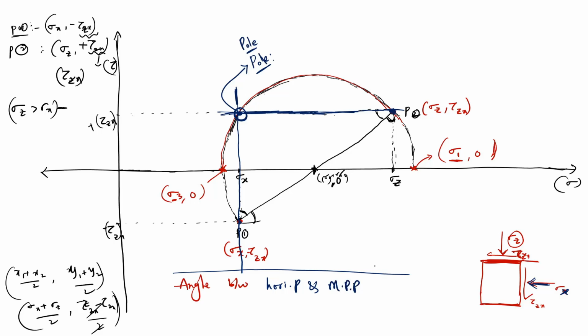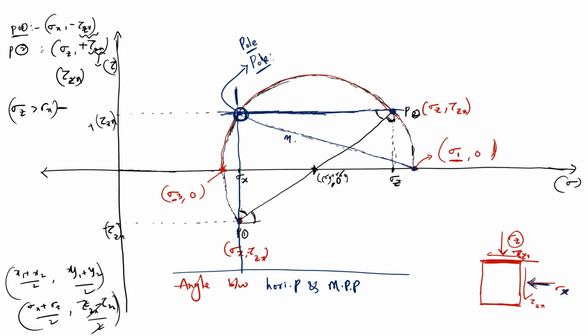You have to join the pole and the major principal stress. The line joining the pole and the major principal stress is the major principal plane. So I have joined them. This is the major principal plane.